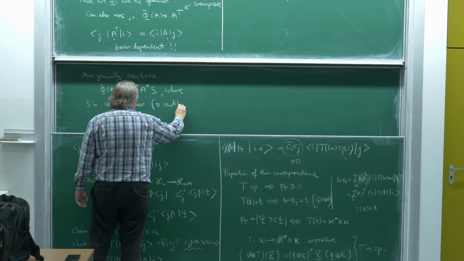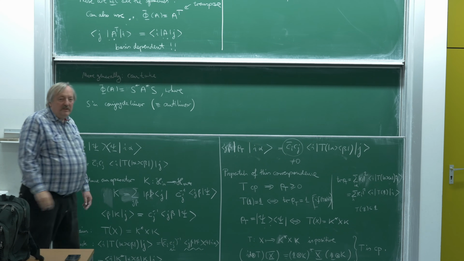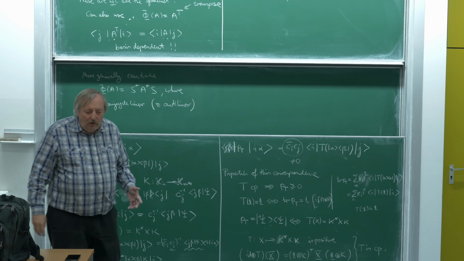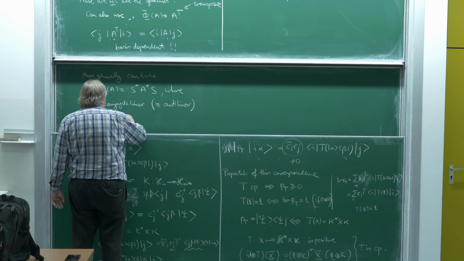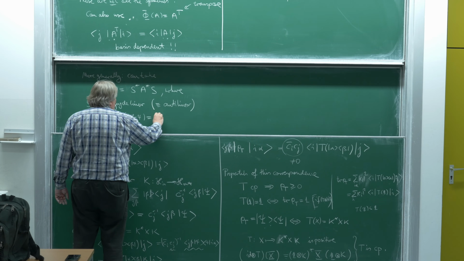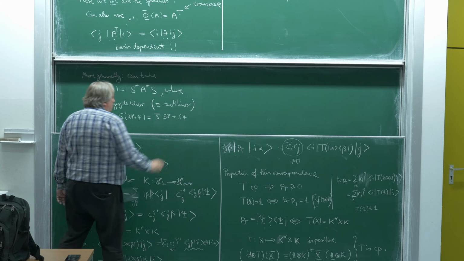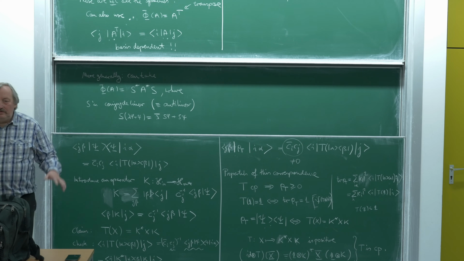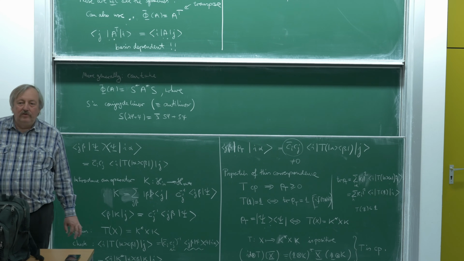If you look in books, most of the time it's called anti-linear. Anti-linear is a bit unfortunate because this is actually not the opposite of linear. It just means that S of lambda phi plus psi is lambda bar S phi plus S psi. So the sums are fine, nothing funny with that, but every scalar factor is pulled through with a complex conjugate.